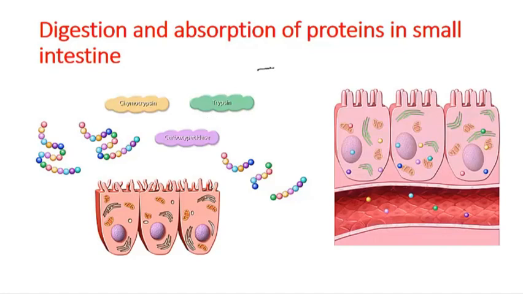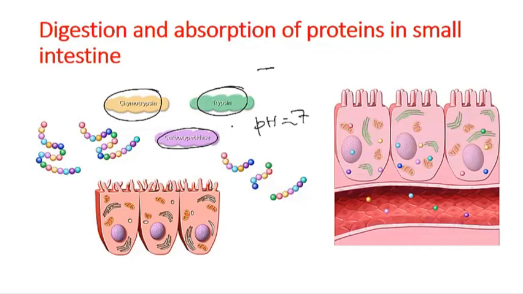Trypsin is an activated form of trypsinogen, while chymotrypsin is an activated form of chymotrypsinogen. Carboxypeptidase is an activated form of procarboxypeptidase. They are all the major pancreatic proteases that work at approximately pH 7 for the process of protein digestion.